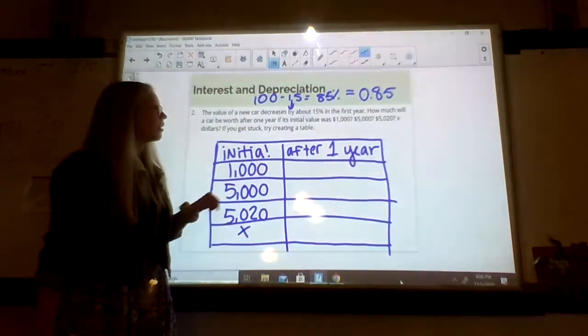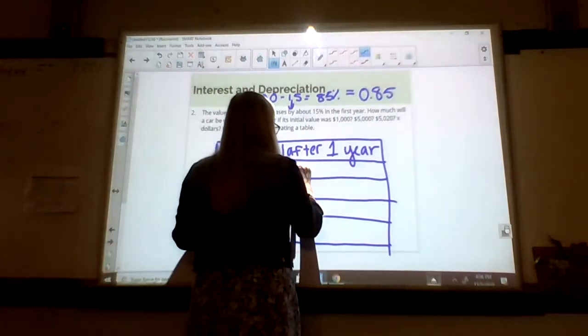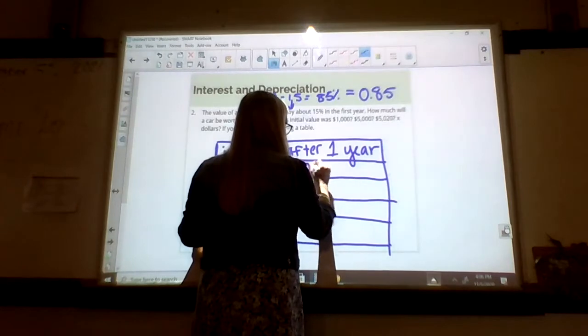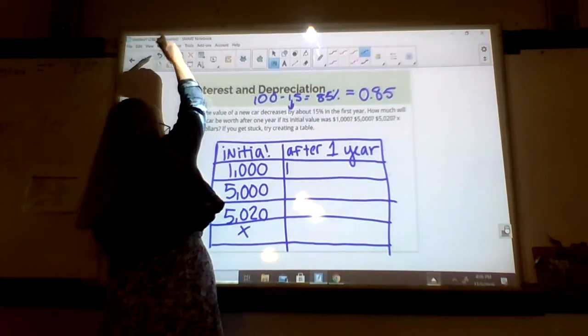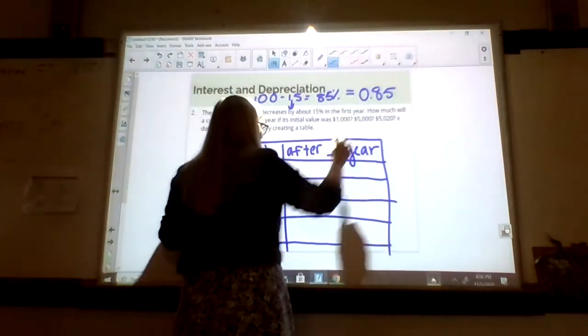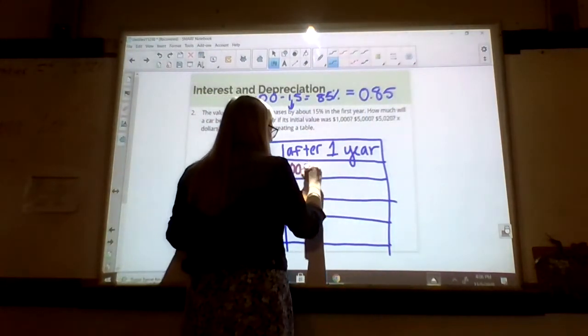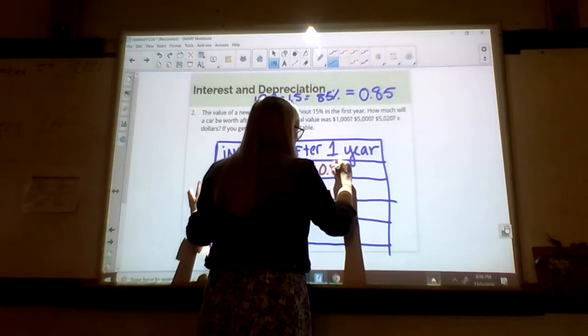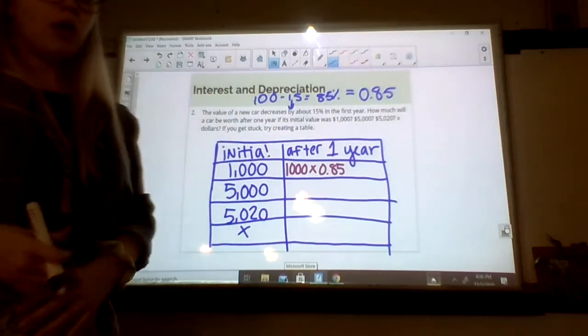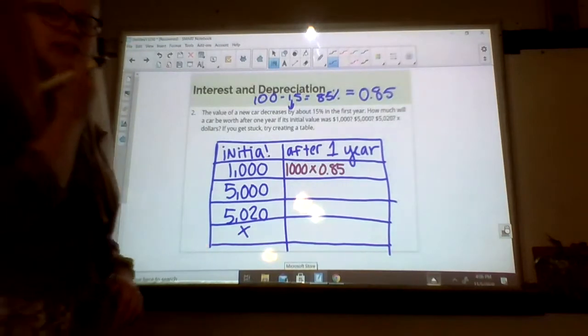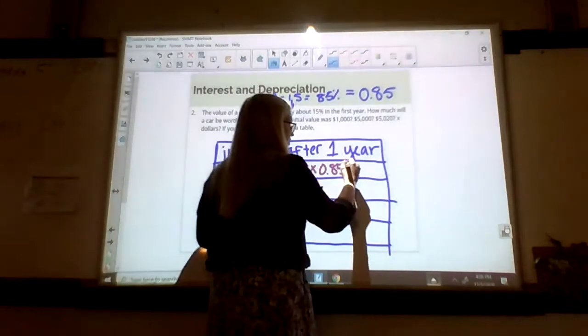So, our initial amount for the first one is 1,000. So, I'm going to take that and I'm going to multiply. Let me go ahead and use a different color so it stands out more. Let's use purple. Okay, 1,000 times our percent, because I want to find 85% of the initial amount. So when I multiply these out, I am going to get $850. Double check my work.